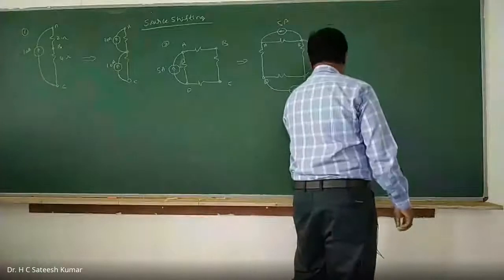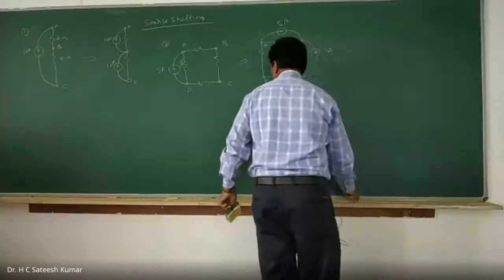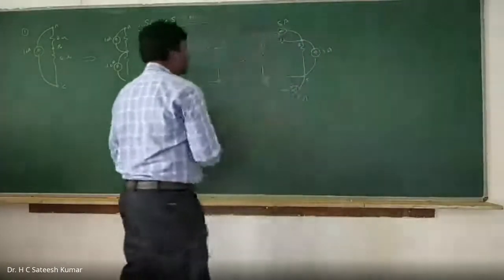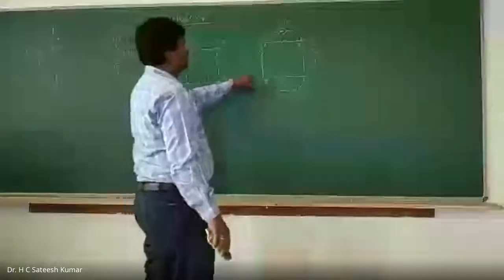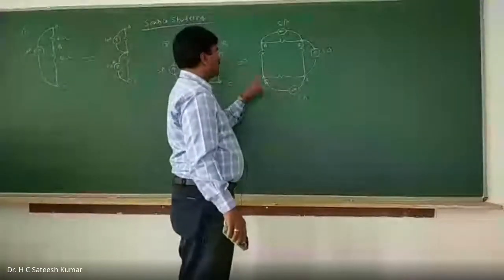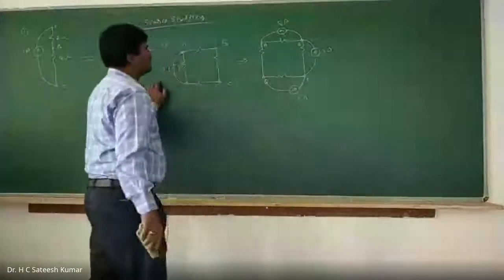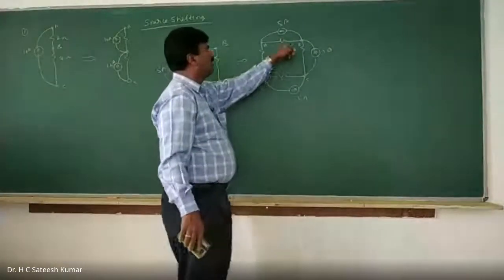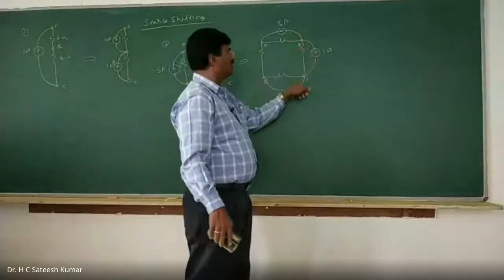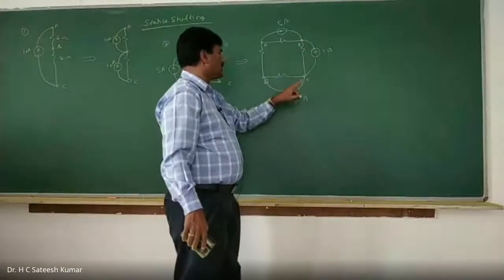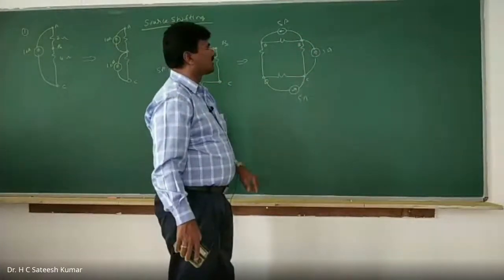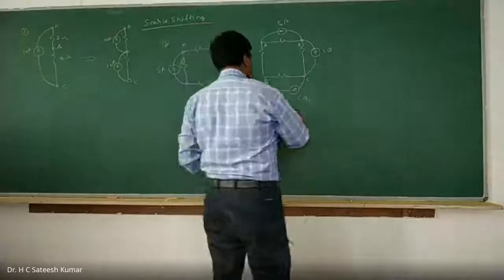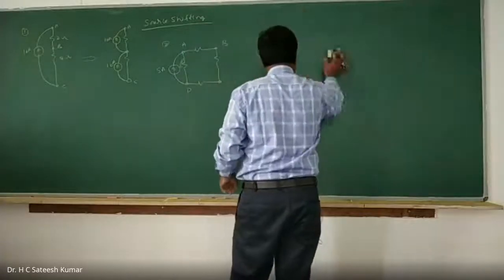That's what KCL says, so you don't need to bother about where it goes. 5 amps leaving, 5 amps entering, net 0. So therefore we can do this, and this can be extended to any number.